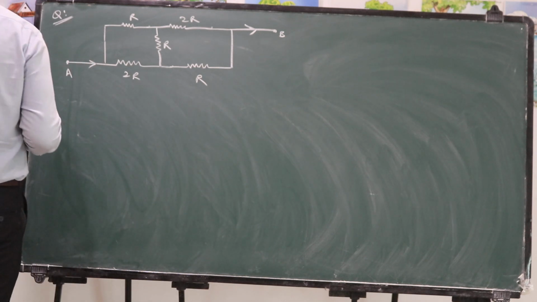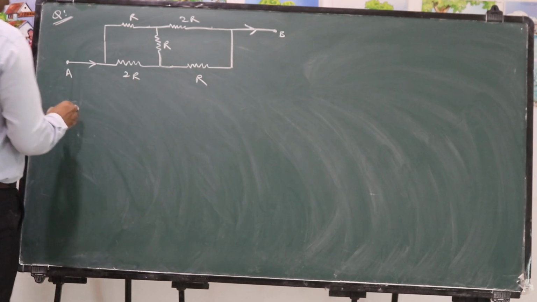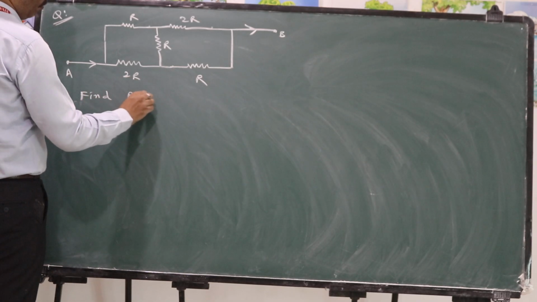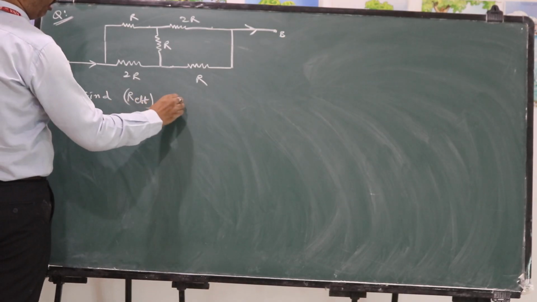Now the question is, find R effective between A and B.